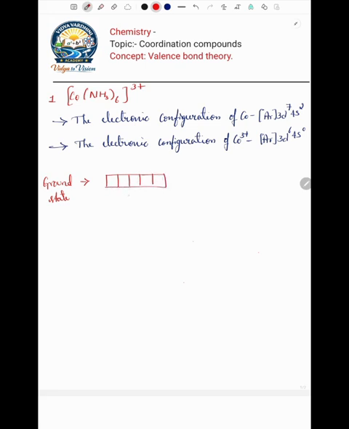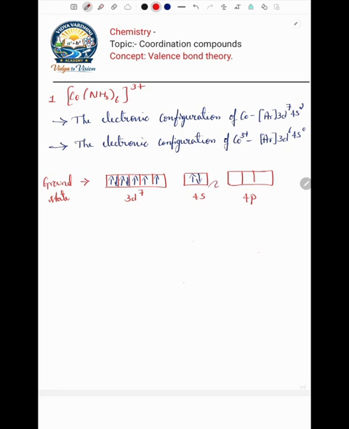So I am writing 3d7, 4s, and 4p. In this I will add 7 electrons, 1, 2, 3, 4, 5, 6, 7, and 2 electrons in 4s, because right now it is in the ground state.